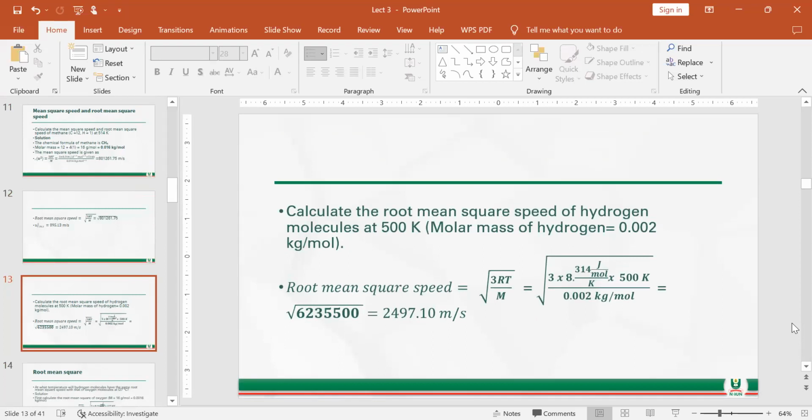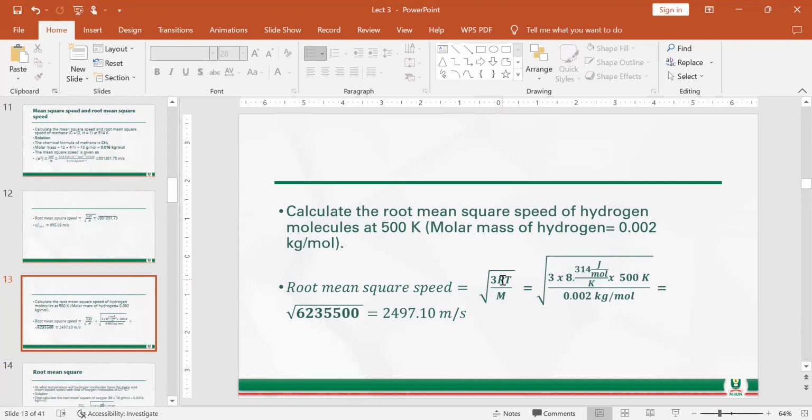So now calculate the root mean square speed of hydrogen molecule at 500 Kelvin. Molar mass of hydrogen is equal to 0.002 kilograms per mole. You take 3 times the temperature. The temperature is 500.